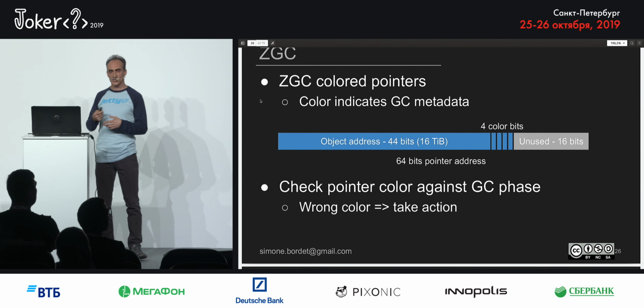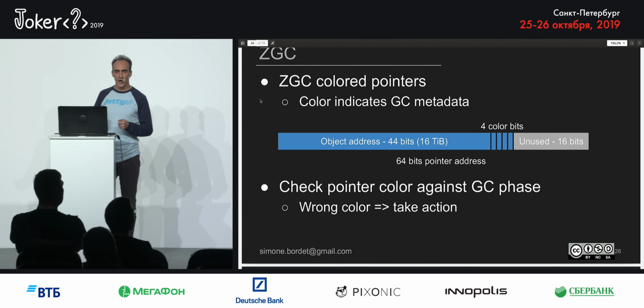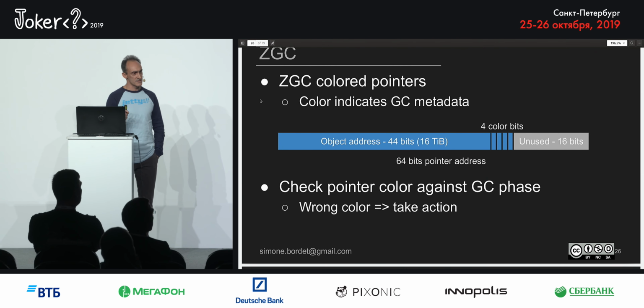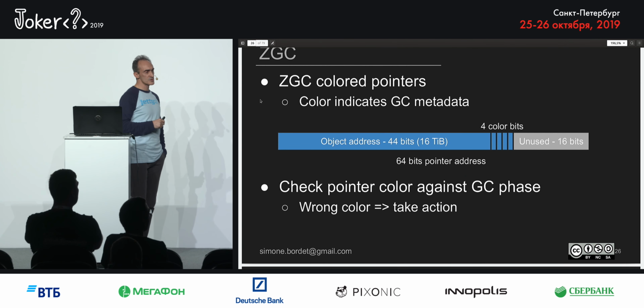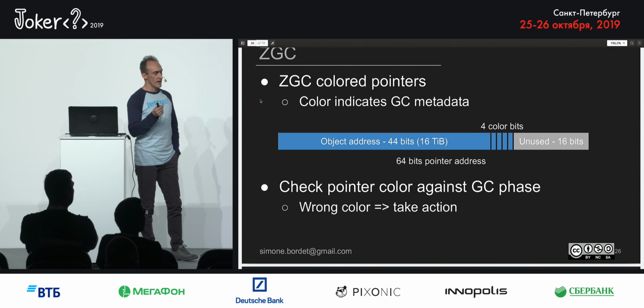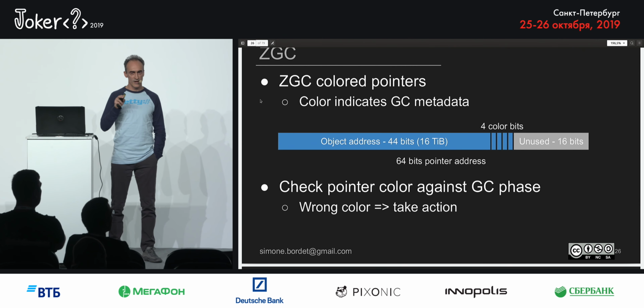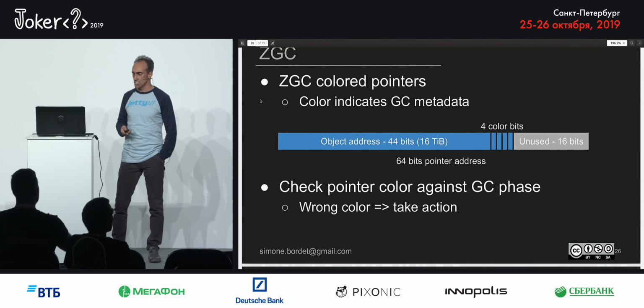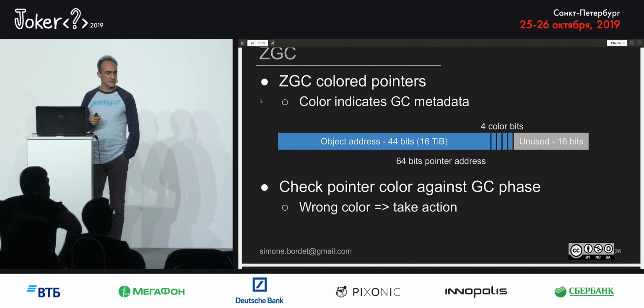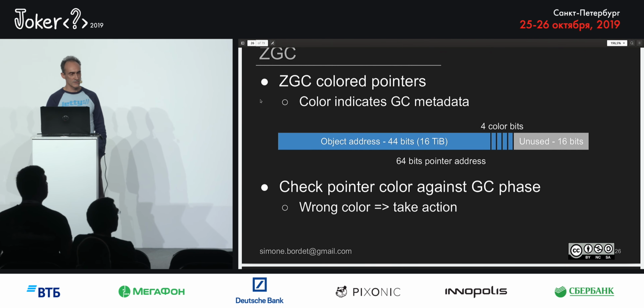So ZGC exploits this and says, okay, I'm going to use 44 bits to address memory. I'm going to use another 4 bits as metadata, so they are Boolean flags, basically, that the garbage collector will use, and then all the other bits are basically unused, okay?